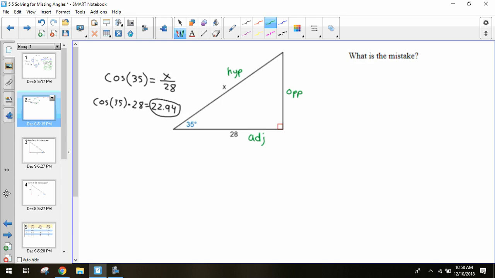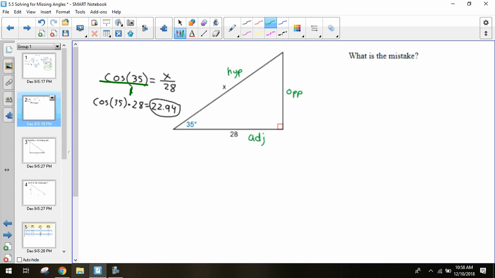What do you see with this problem? Do you see a mistake? Did they cross multiply? They do, if you put this over 1. What's the mistake now? There should be 28 over x.